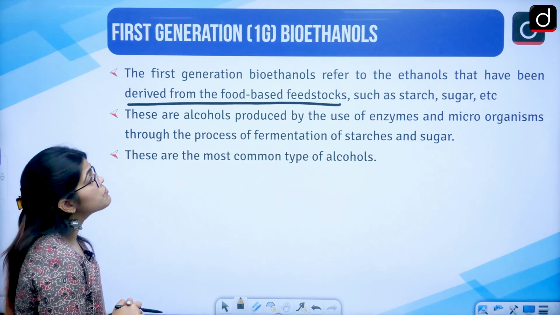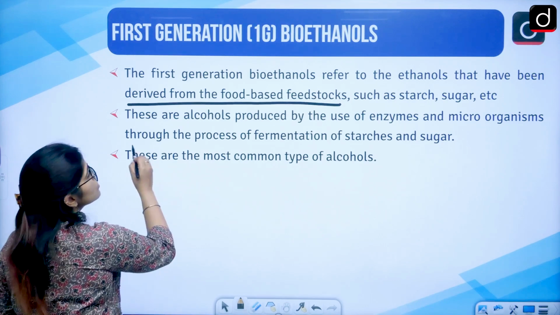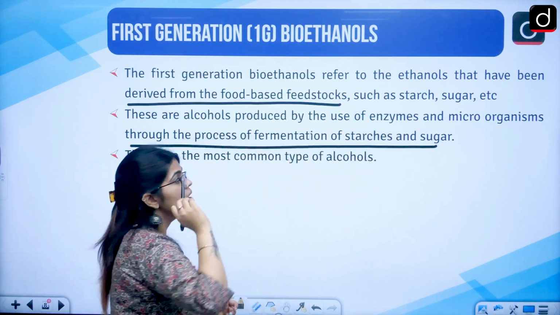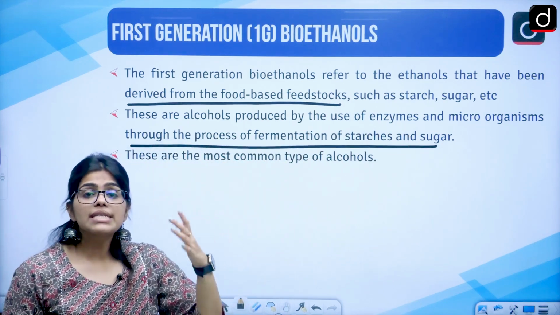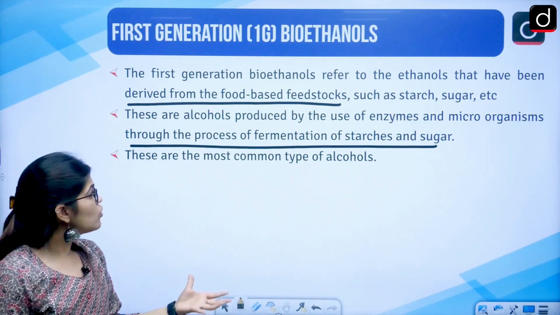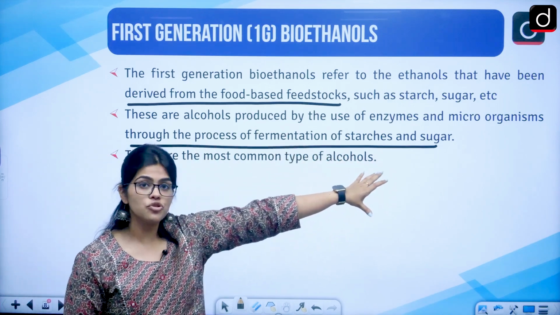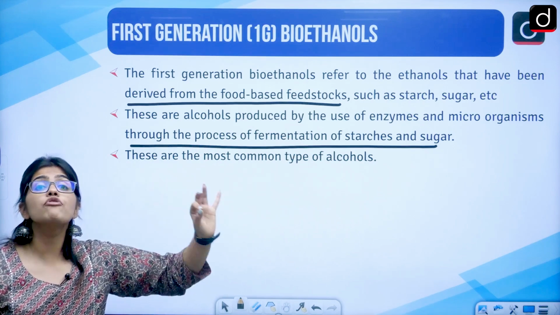These are alcohols produced by the use of enzymes and microorganisms through the process of fermentation. So whenever we talk about first generation ethanol, we know that it is made by the fermentation of the starch and sugar present in food crops.